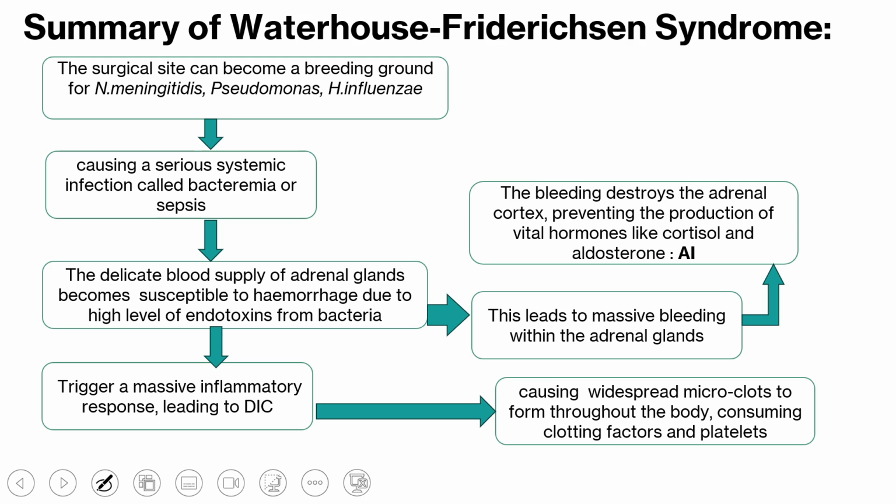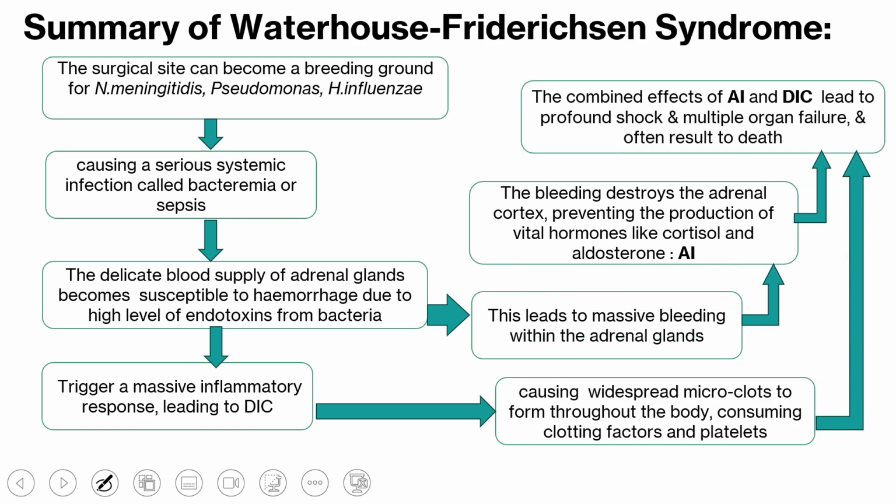Both disseminated intravascular coagulation and adrenocortical insufficiency result in profound shock and multi-organ failure, and often result in death. These things can be seen in the setting of Waterhouse Friderichsen syndrome, which occurs in post-surgical patients who are developing disseminated intravascular coagulation.